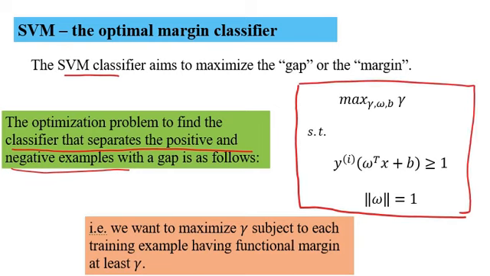We want to maximize the geometric margin gamma under the constraints that y_i (w^T x_i + b) is greater than or equal to gamma, and also the norm of w is equal to 1. So we want to maximize gamma subject to each training example having functional margin at least gamma.